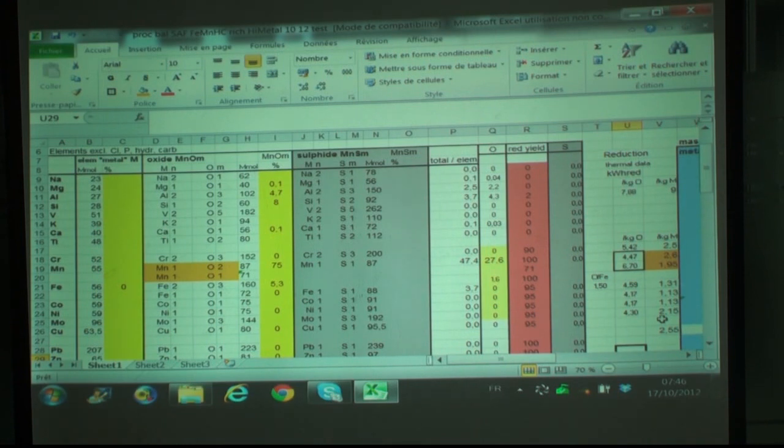You probably know, in case of iron, we have Fe, FeO, Fe3O4, and Fe2O3. The ores are mostly this one, the so-called hematite ore. But you may have this one, the so-called magnetite ore.